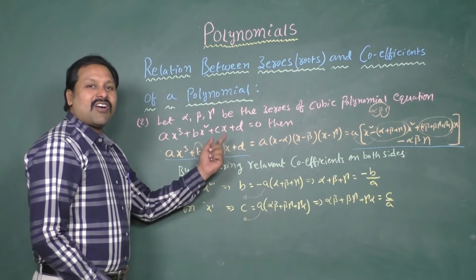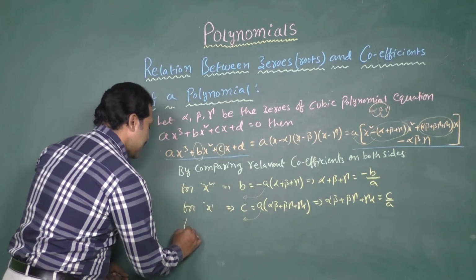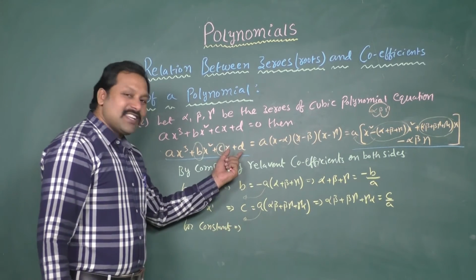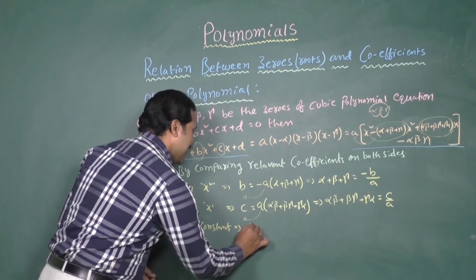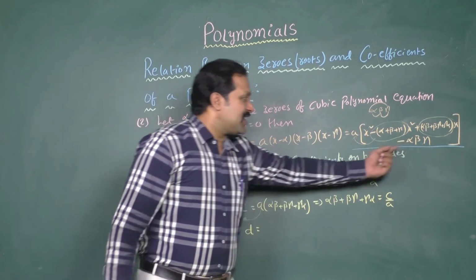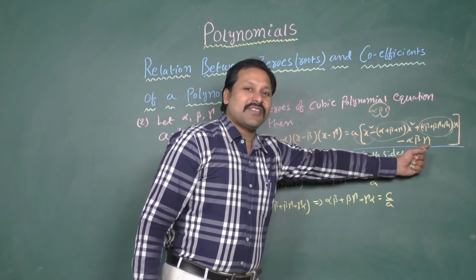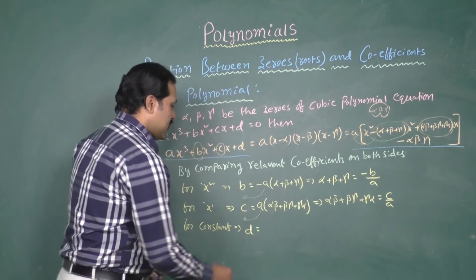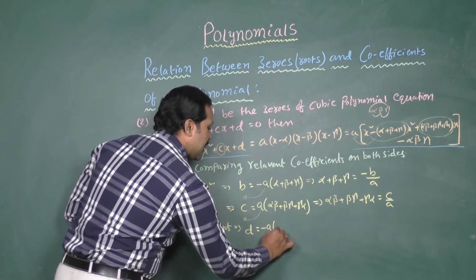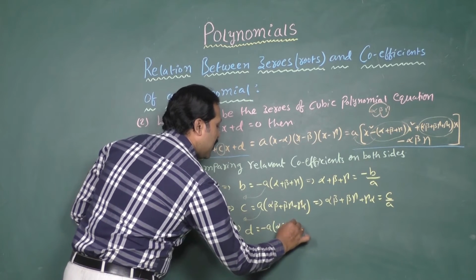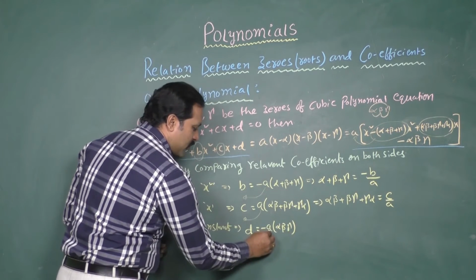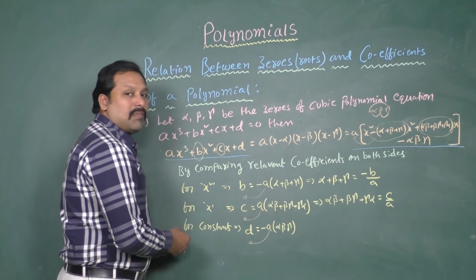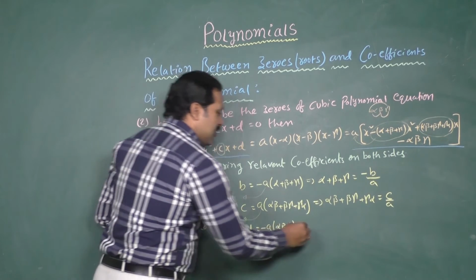Now compare constants on both sides. For constants, constant here is d equal to, constant here is minus alpha beta gamma. This is multiplied by a. That's why minus a times of alpha beta gamma. Now transferring minus a to the left hand side, it becomes minus d by a.